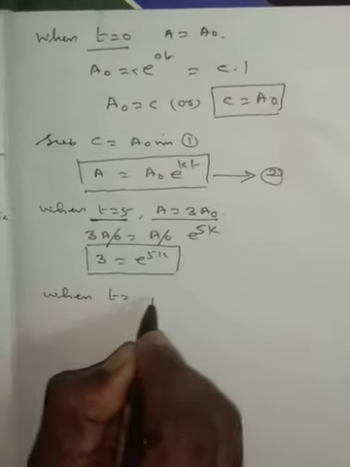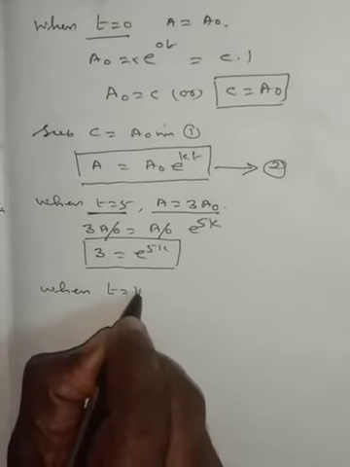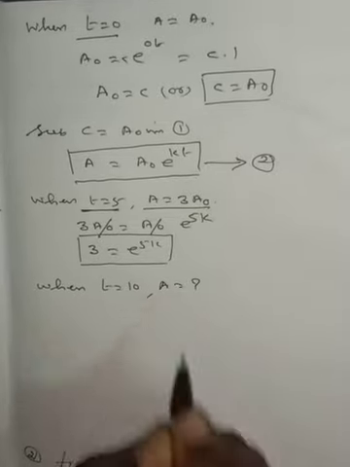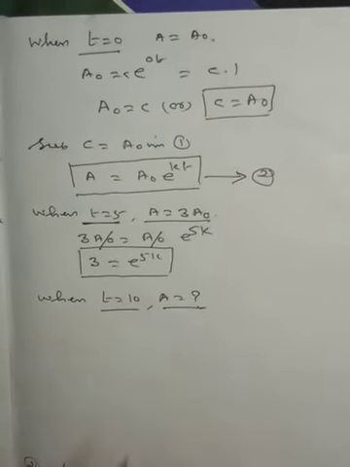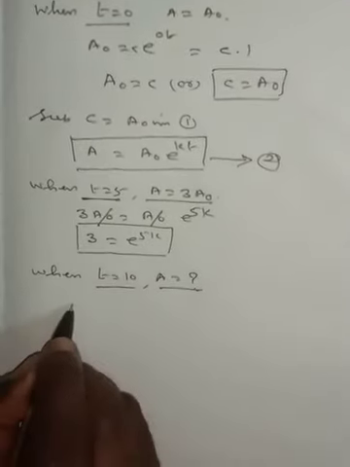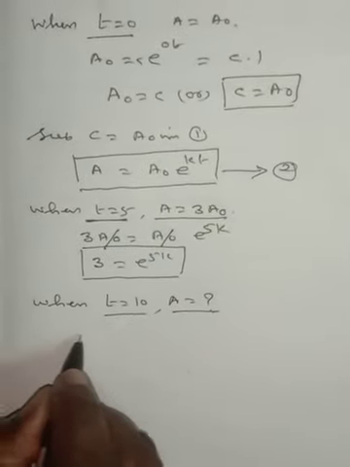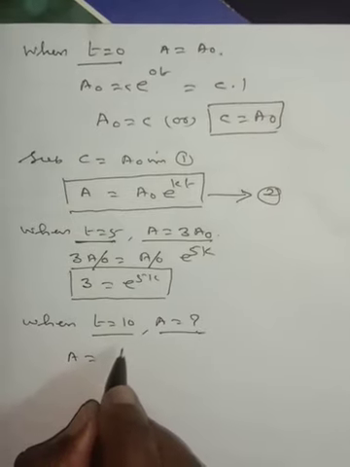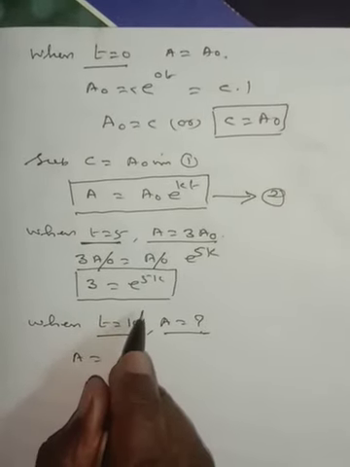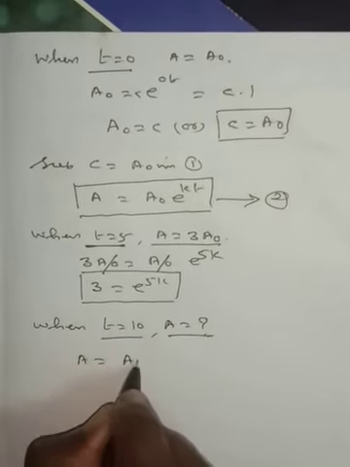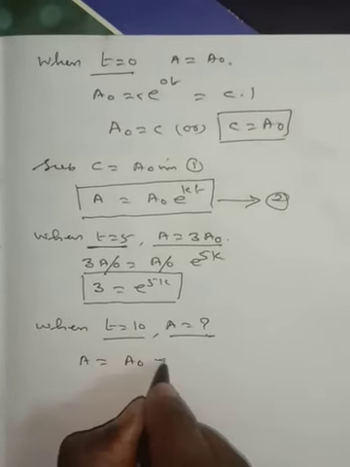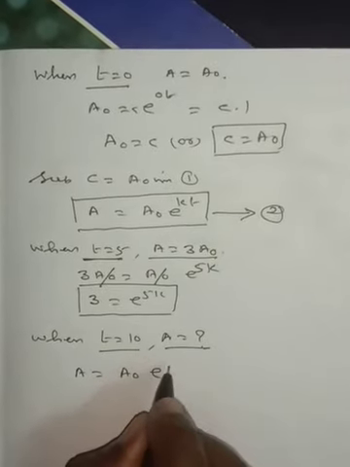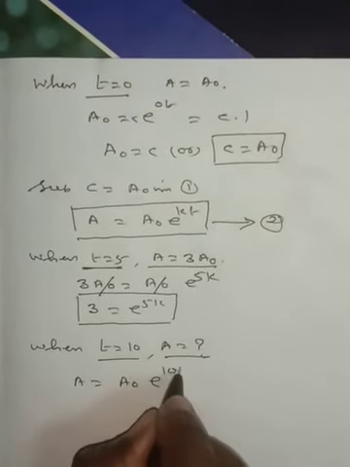Next, when t is equal to 10 hours, A is equal to the question, find A. Therefore, in equation number 2, A is equal to A naught e to the power of 10k.